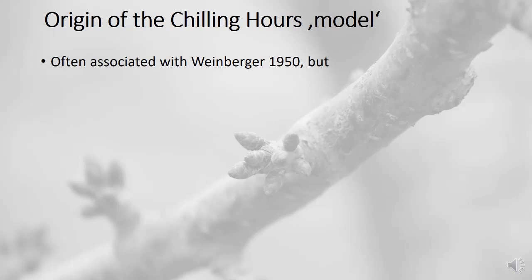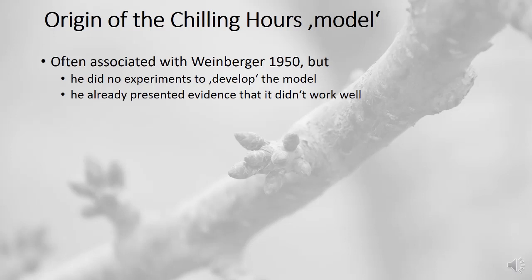And in this case, when we look at the chilling hours model, we notice in the literature that this model is often associated with a guy called Weinberger, who published a paper in 1950 that is often given as the key reference of the chilling hours model. But if you look at the paper, which most people don't because it's not so easily accessible, but I've taken a look, you realize that he actually did no experiments at all to develop this model in a formal way.